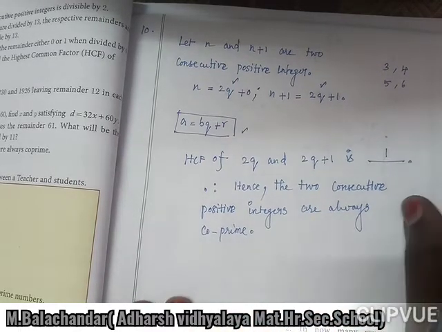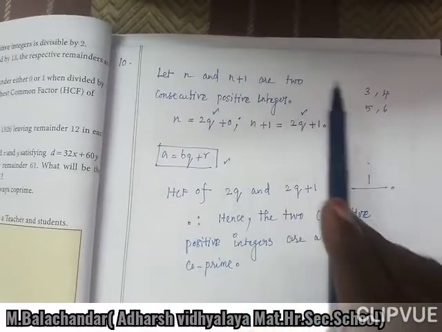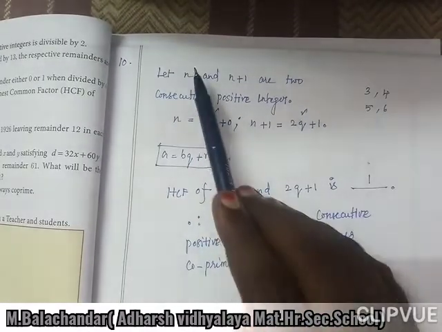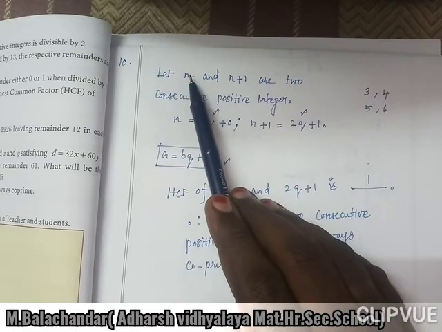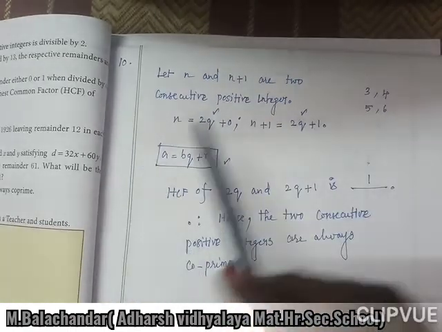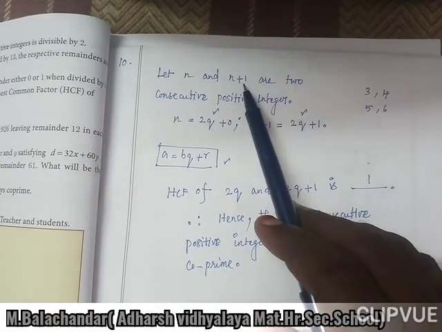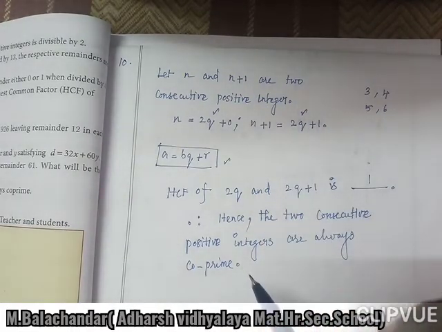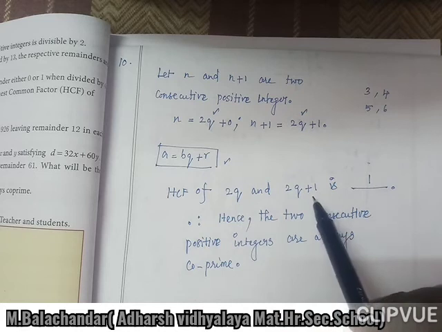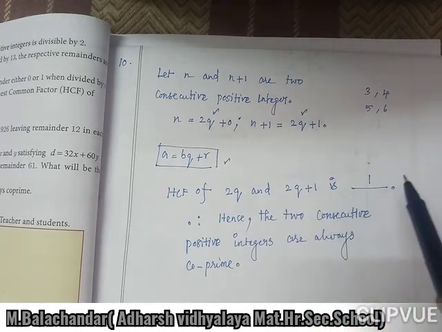Actually I have taken the nth value of the given two numbers. N is the even number, n plus 1 is the odd number. So I have taken 2q and 2q plus 1. Its HCF is also 1.